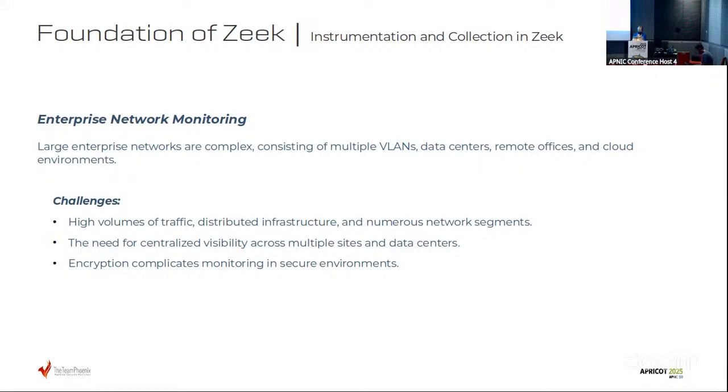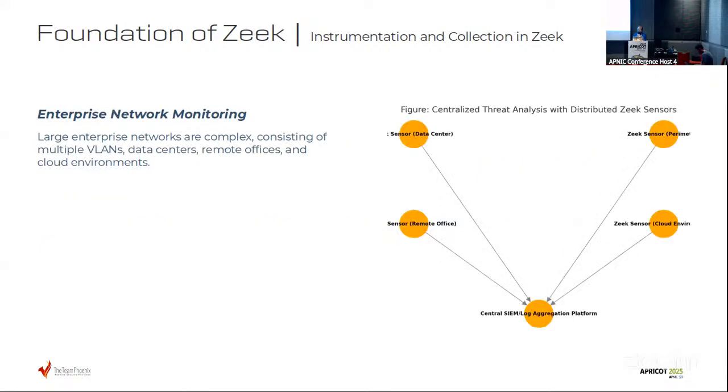So to overcome this particular challenge, what we suggest is to deploy Zeek sensors in your different network segments. Let's say we have an office in Petaling Jaya, we have another office in Putrajaya, and then another office in Kuala Lumpur. So three different offices, but the head office is located in Kuala Lumpur.